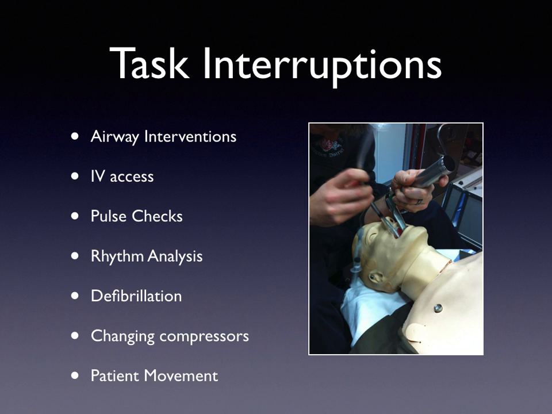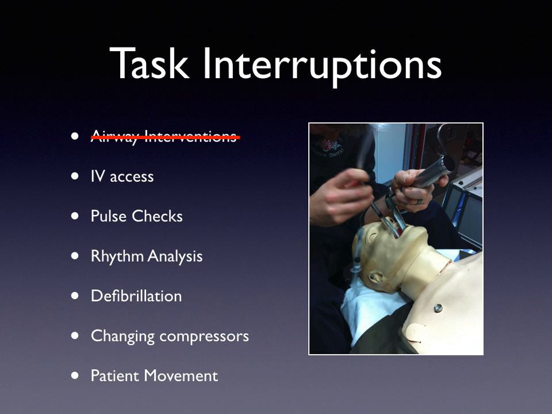Instead, we've focused on CAB, which focuses on compressions, and so our airway interventions are not as important. This means we're using supraglottic airways, or we're using a video-assisted device such as the King Vision to place an ET tube. So we're not going to stop compressions at all to accomplish an airway intervention.